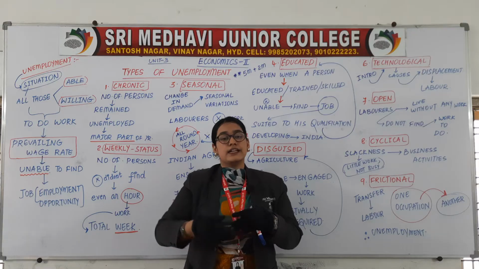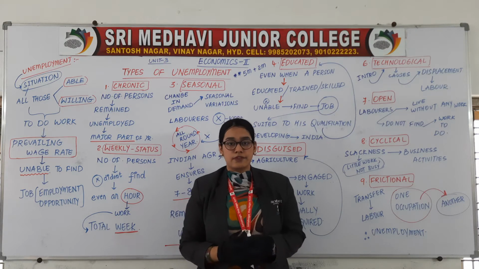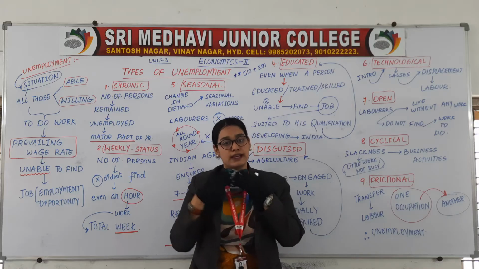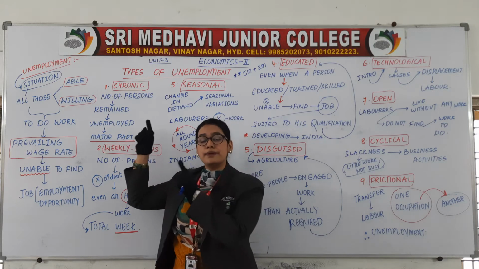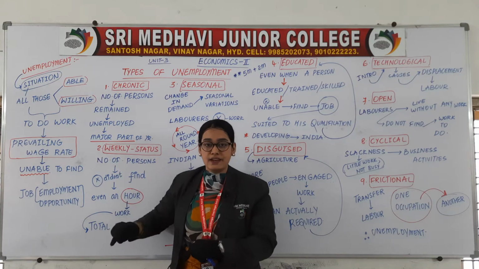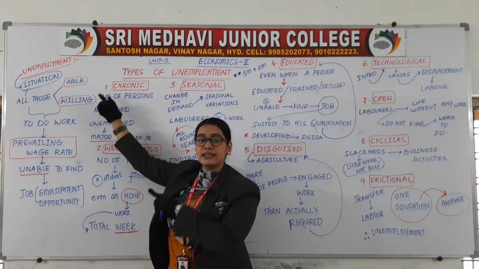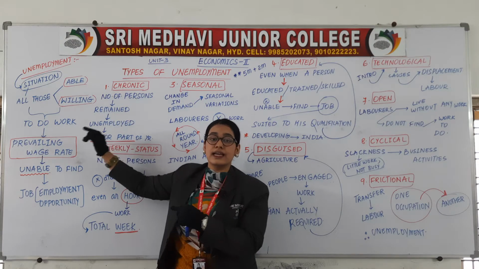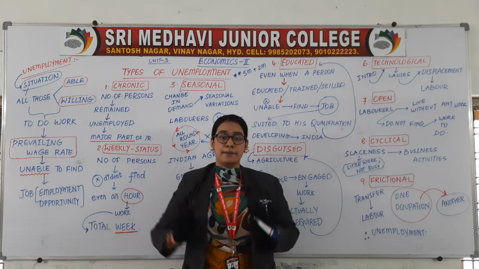Second, if you are ready to give me 30,000 wages, then I am ready to do the work at the prevailing wage rate. What are the conditions? Unemployment is a situation in which all those who are able to do the work and willing to do the work at prevailing wage rate, that is called employment.